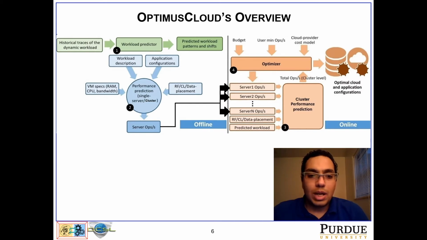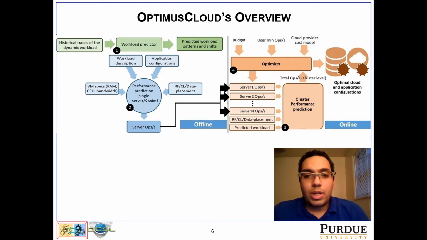or a complete set. In the online phase, the third component, which is the cluster performance predictor, takes the predicted values of the performance for every server, as well as the predicted workload and the information of the cluster, such as the replication factor and the consistency level, to predict the total operations per second at the cluster level.